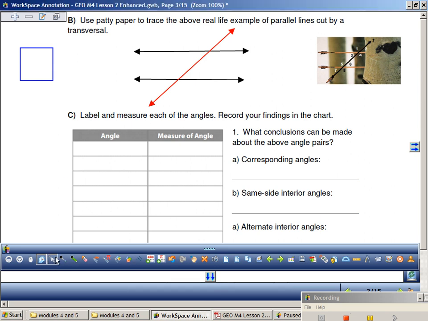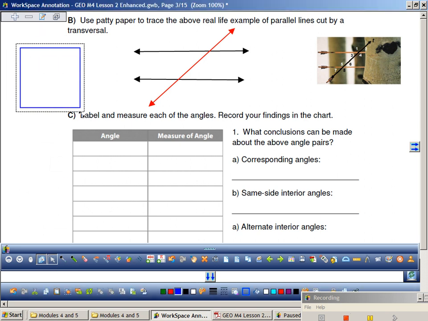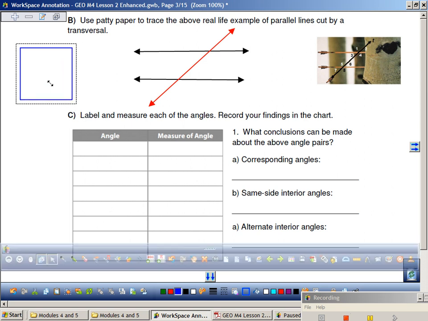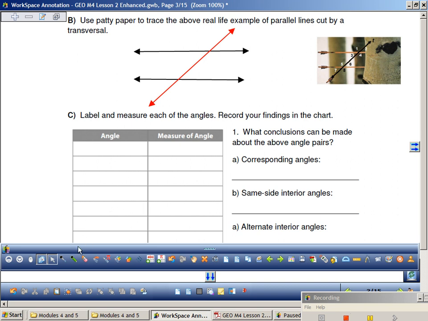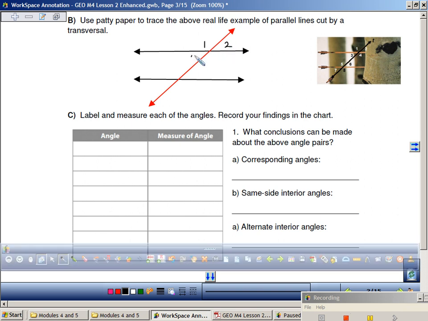If I know that that's a square, and it's 90-degree angles, isn't it still 90 degrees? Does that make it bigger and smaller? Yes. Okay, so just because I made it bigger isn't going to change the angles. It's just blown up a little bit. Okay? All right. So this is going to be angle 1 and 2 and 3 and 4 and 5 and 6 and 7 and 8.